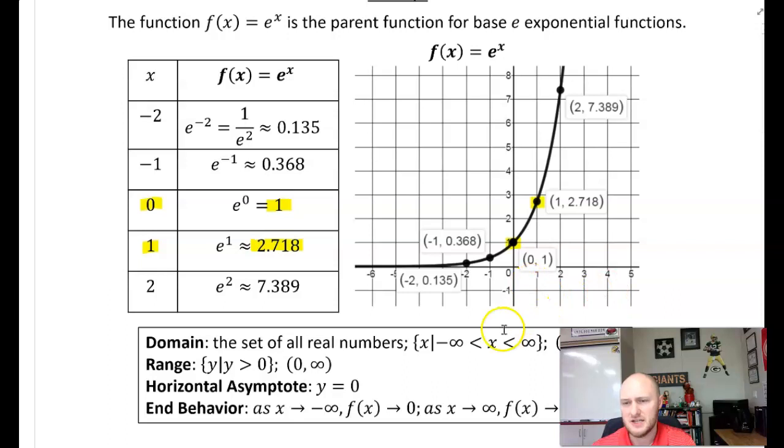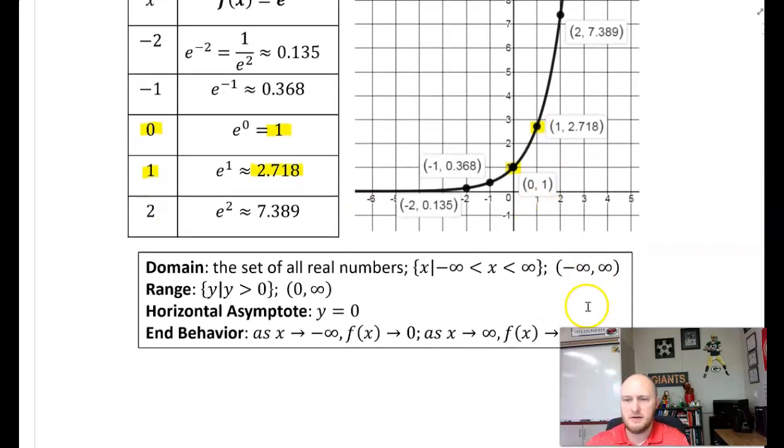When we're graphing today, these are the two key points that I care the most about. That you know that if we plug in 0, we get 1, and if we plug in 1, we get approximately 2.718. Now, the domain for this exponential function is similar to all of our other exponential functions. We go from negative infinity to positive infinity. The range is from 0 to infinity, and that's just dependent upon our asymptote.